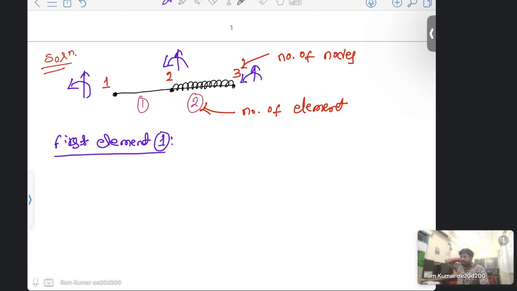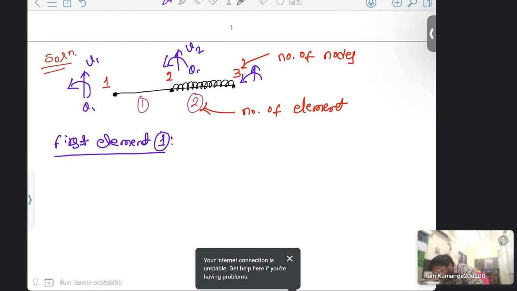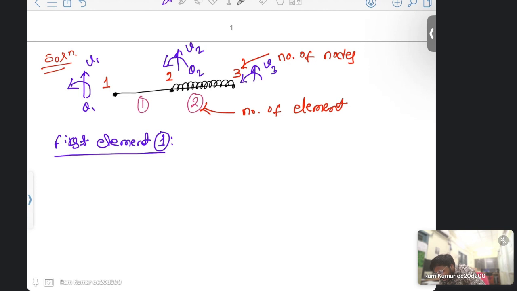So for example, for node 1, I will say this is v1 and this is theta 1. For node 2, this is v2, theta 2. For node 3, v3, theta 3.